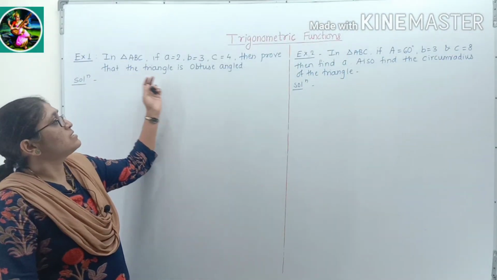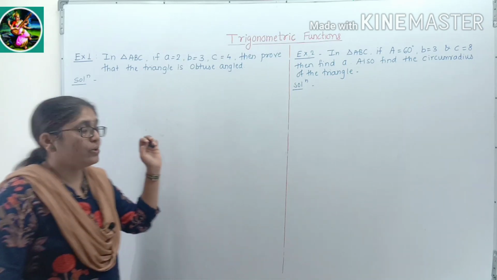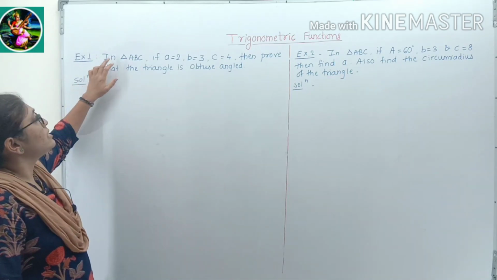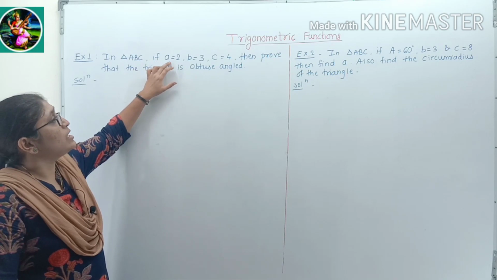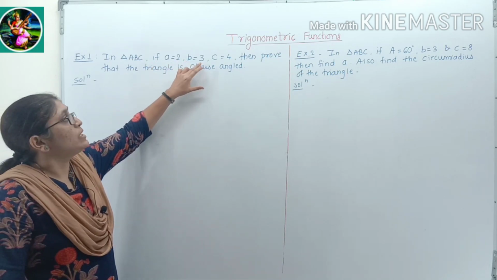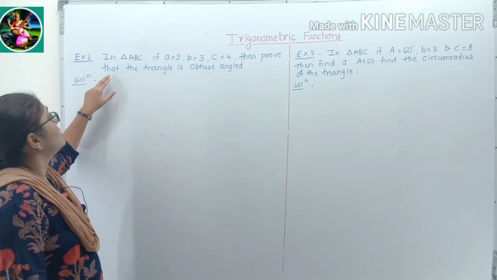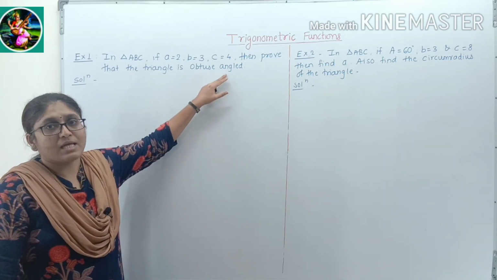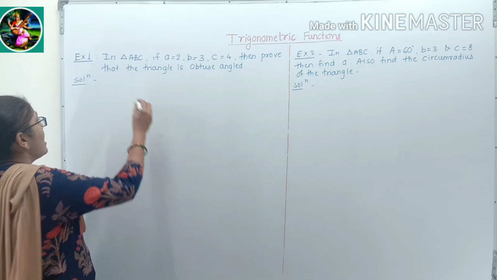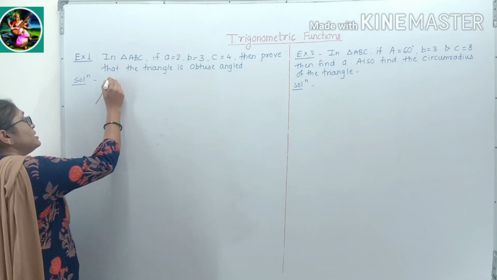We saw some examples on the cosine rule. The first one: in triangle ABC, if a is equal to 2, b is equal to 3 and c is equal to 4, then prove that the triangle is obtuse angled. Suppose I have drawn triangle ABC.